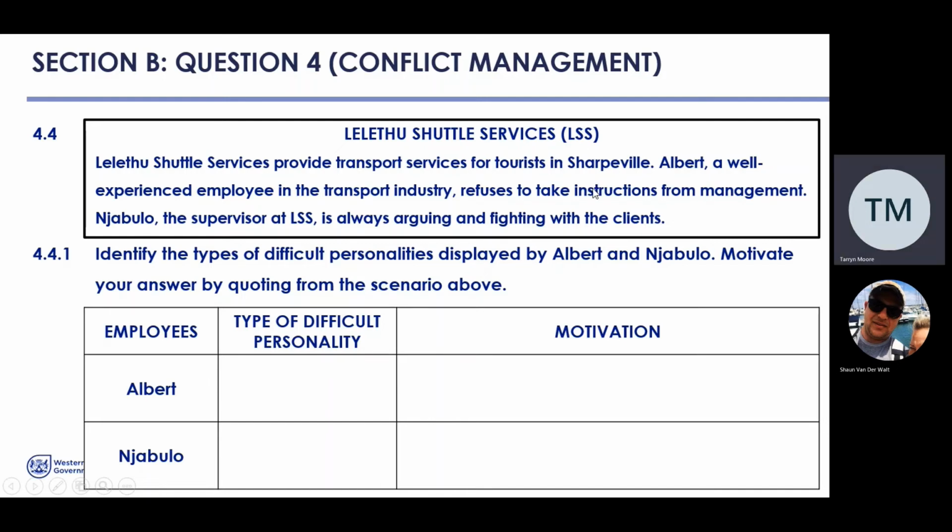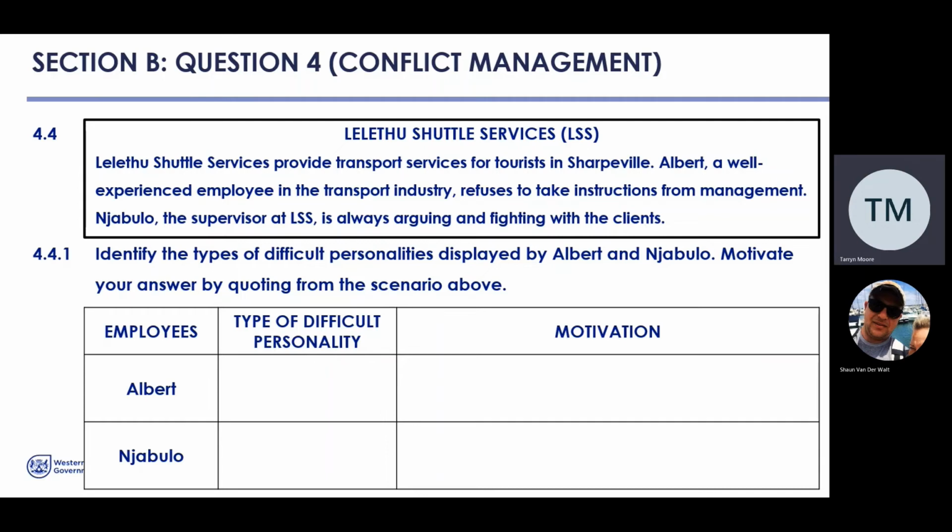Does that have any bearing on the difficult personality? No. But now we move to employee number 1. A well-experienced employee in the transport industry refuses to take instructions from management. Already, you need to be careful because you're dealing with a well-experienced employee. That should start ringing a bell.